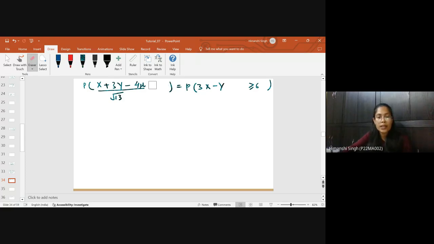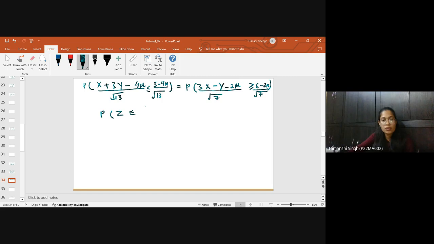So 3 minus 4 mu divided by root 13. Here the mean was 2 mu and the variance was 7, so it is minus 2 mu divided by root 7. So basically, probability z less than or equal to 3 minus 4 mu by root 13 equals probability z greater than or equal to 6 minus 2 mu by root 7.